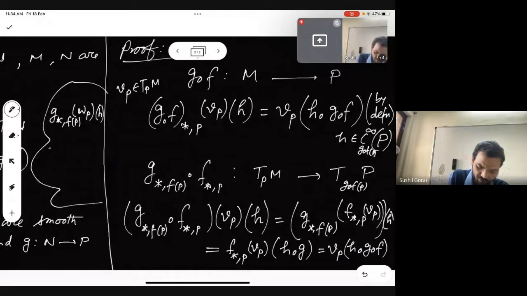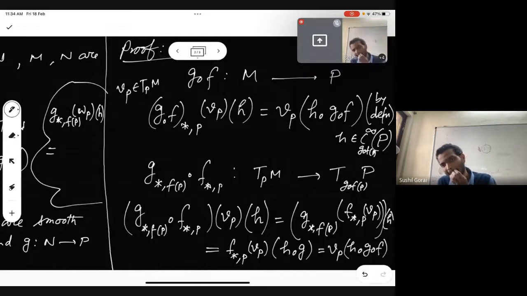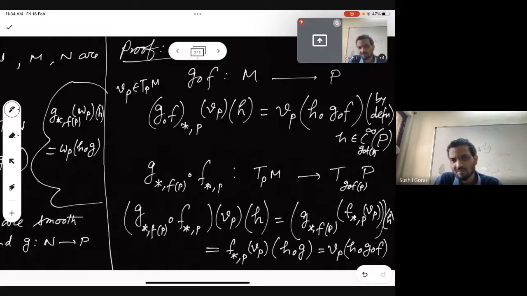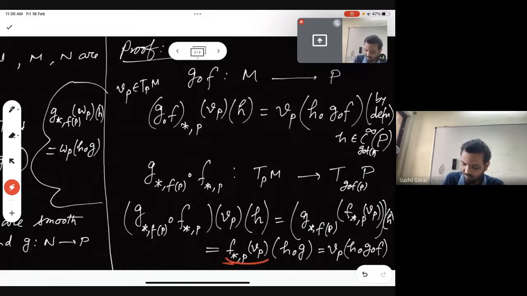So what is the definition? The definition is W_P of H compose G. Yeah. So this is what we do. This is W_P.